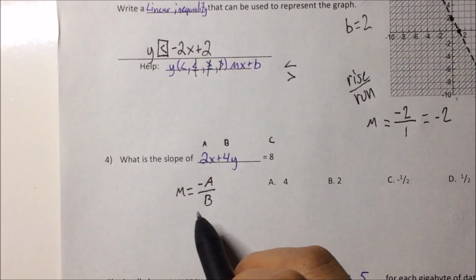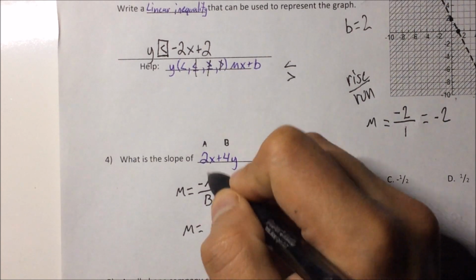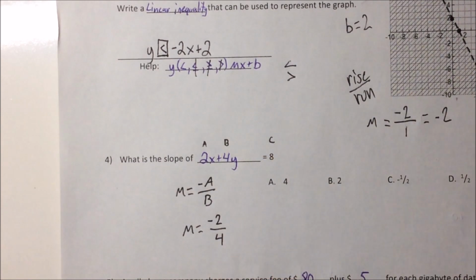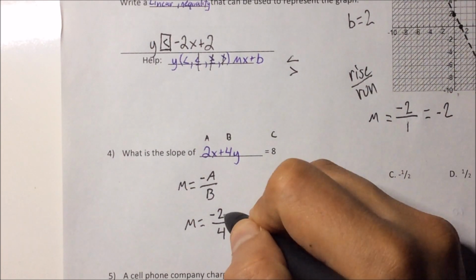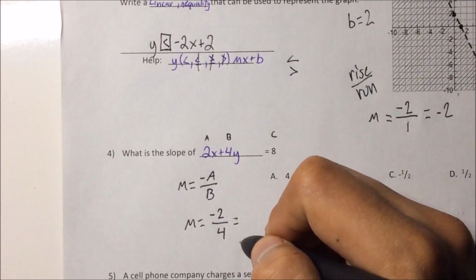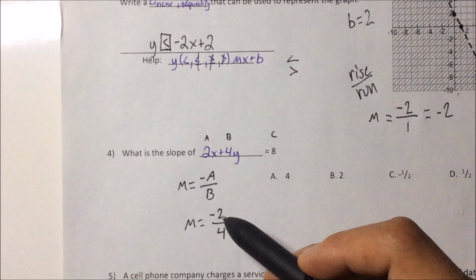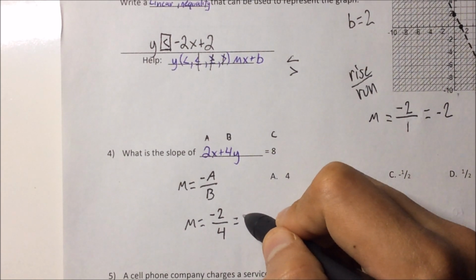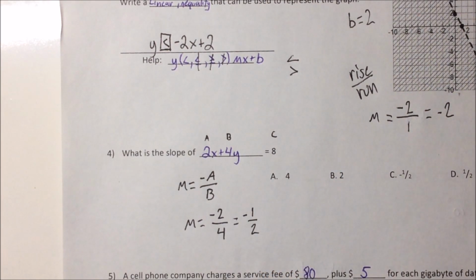And if we wanted to fill in what we see here, we would write, okay, well, m is equal to, our a has to be negative, so negative 2 over 4. Alrighty? And this right here can be broken down into a smaller fraction or a more simplified fraction. We can fit 2 into 2 one time and 2 into 4 two times, which means this simplifies into negative 1 over 2, which would find an easy answer.